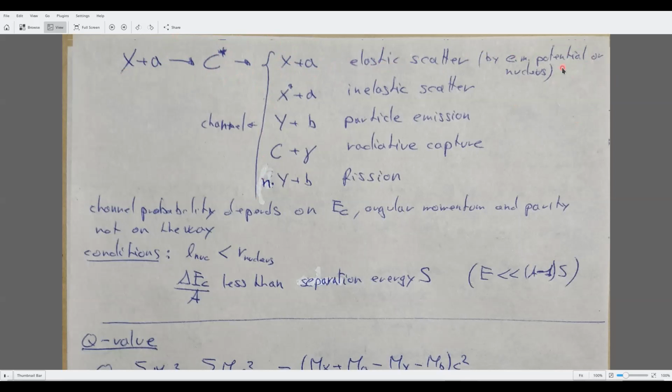It can be an elastic scatter due to the electric potential, so the particle didn't actually manage to enter, it just bounces on the nuclei.